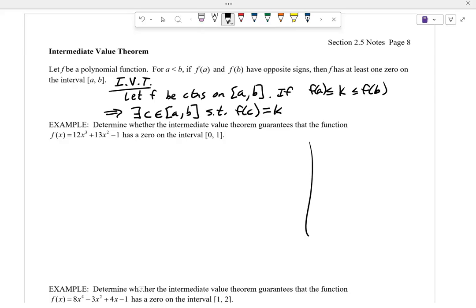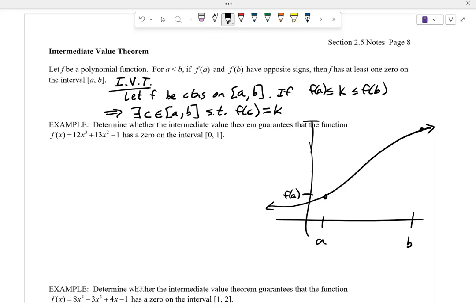Okay, let's make this visual. So I'm going from a right here to b right here. And I've got some continuous function, let's say it's like some polynomial, that looks like this. It goes from this f of a up to this f of b up here.